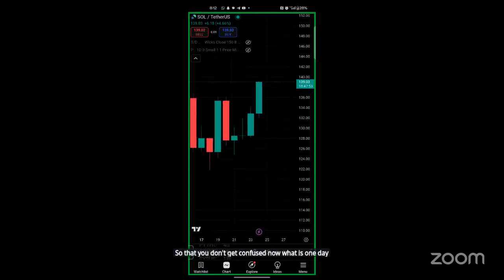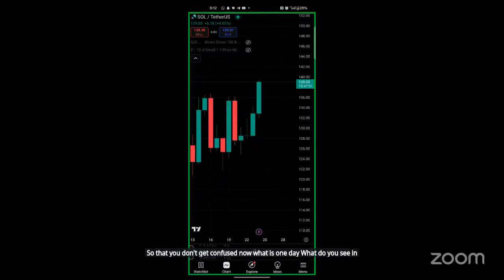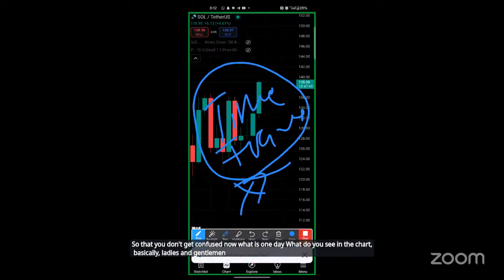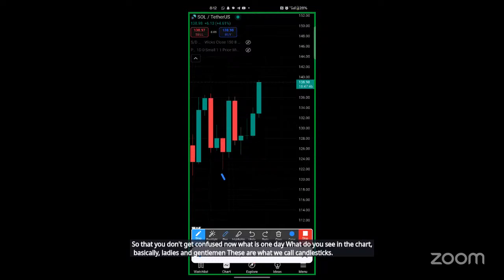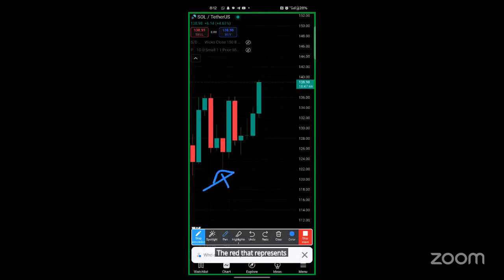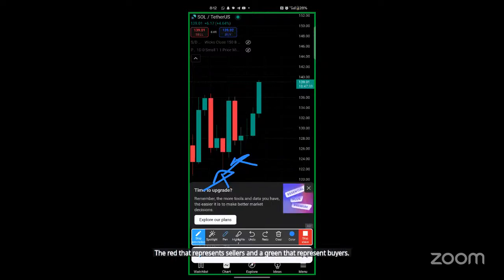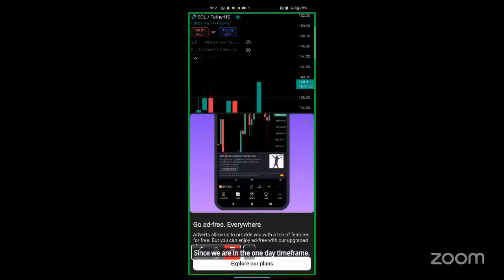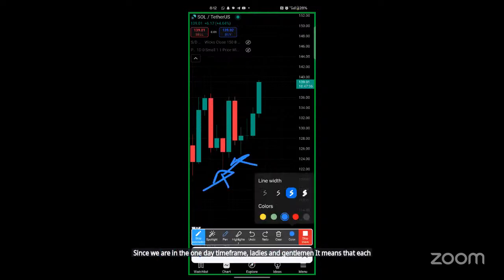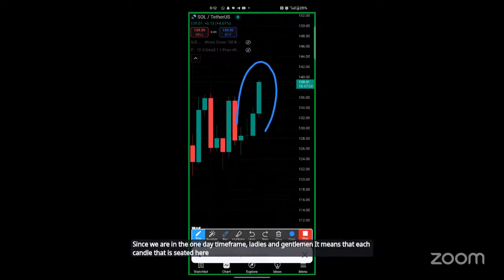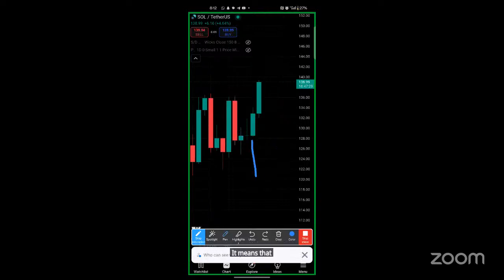What you see in the chart, basically, ladies and gentlemen, these are what we call candlesticks. The red represents sellers and the green represents buyers. Since we are in the 1 day time frame, it means that each candle takes 1 day to be complete. It means that each candle here, this one, has taken 24 hours to be where it is. Okay?